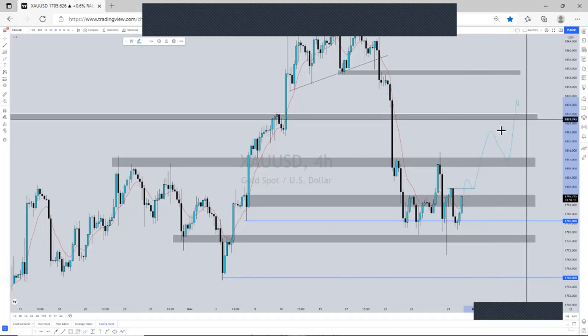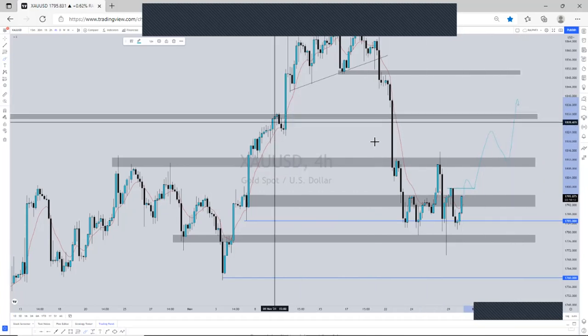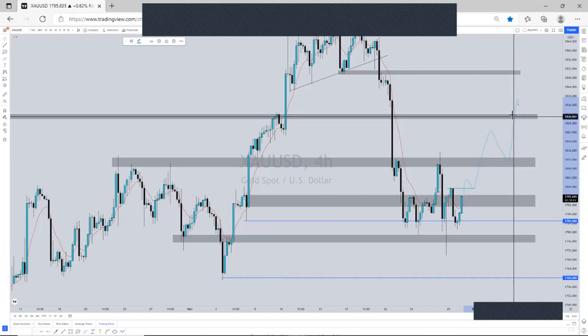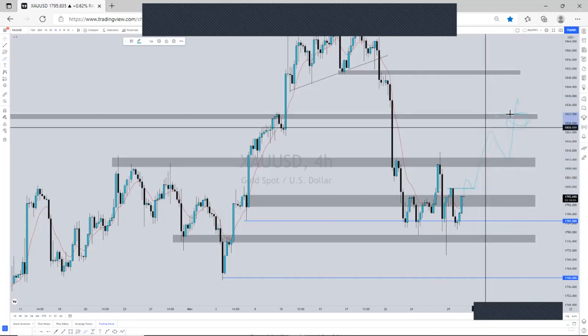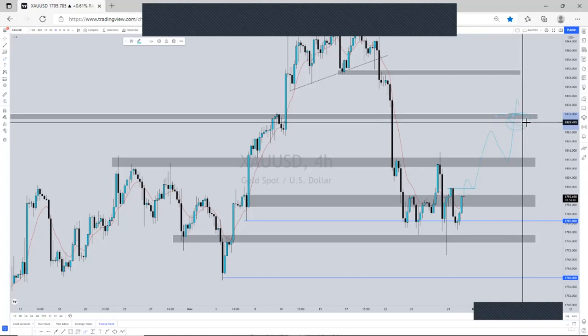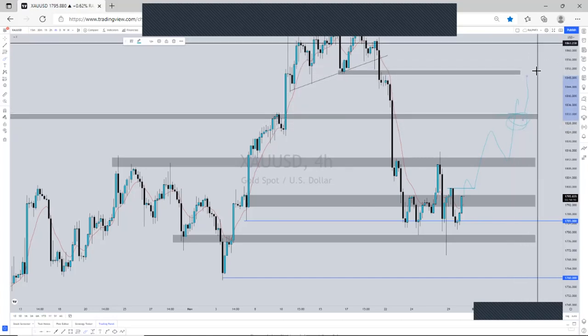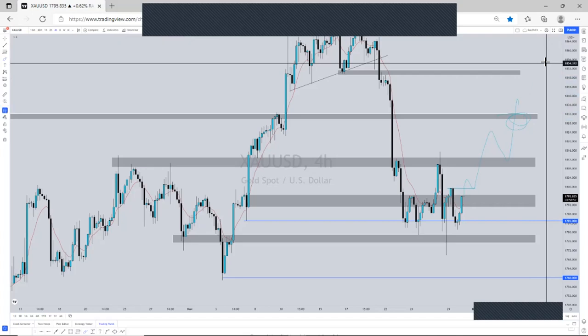We could eventually see price run up. We're looking for levels around 1830, definitely around 1830. We're looking for price to come into 1830, possibly break out and go a lot further.